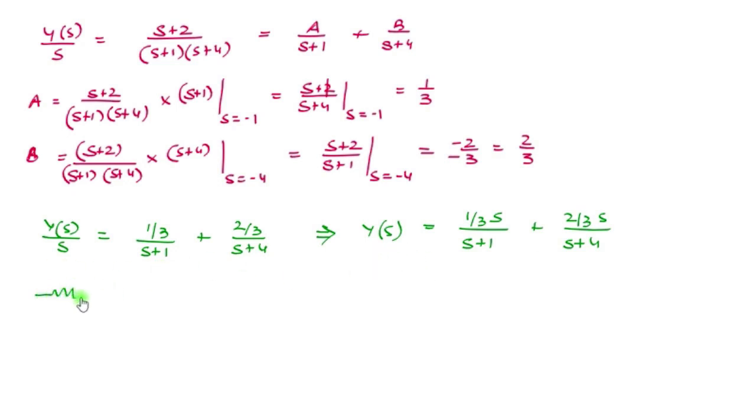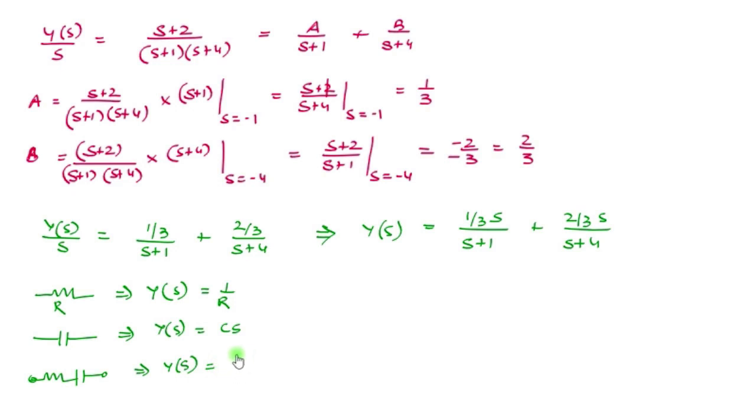If I have an R, then its admittance is equal to 1/R. Similarly, if I have a C, then its admittance will be equal to Cs. And if I have a series combination of R and C, then the admittance function Y(s) will be equal to (1/R)(Cs)/(1/R + Cs).